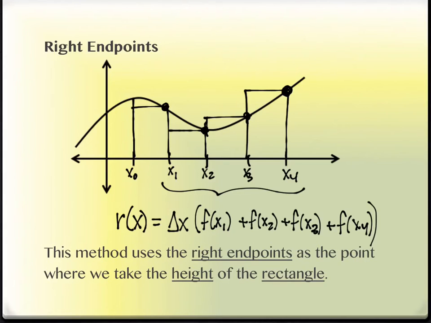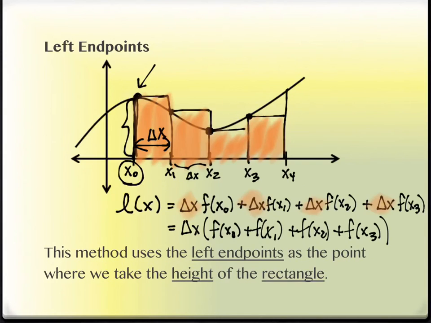Now I want to show you the connection back to what we did before, because I've written them both out. Over here, I don't have any space, so I'm just going to have to move down here. This is a summation. It's from i equals 0 this time to 3 of delta x times f of x sub i.